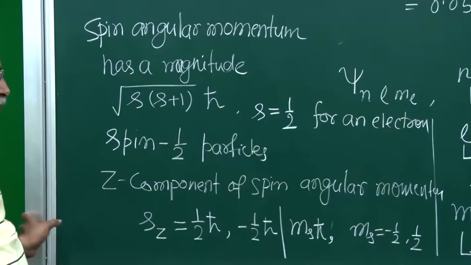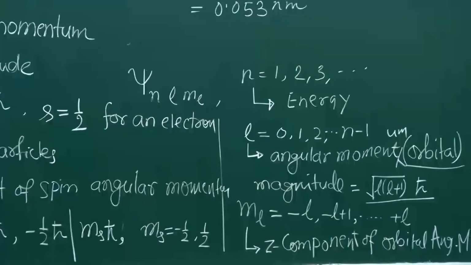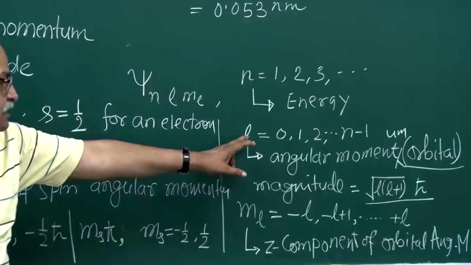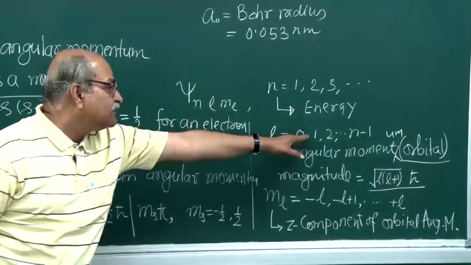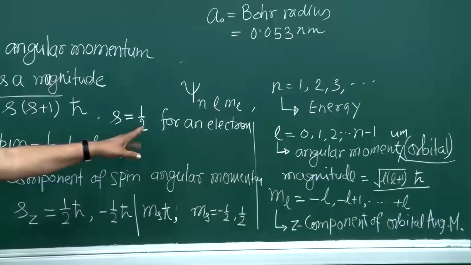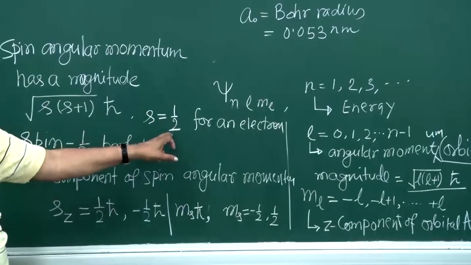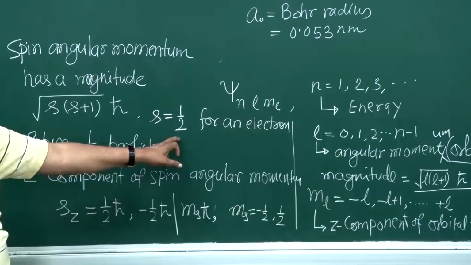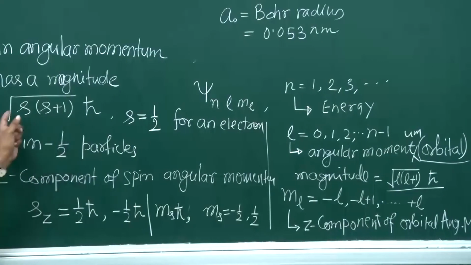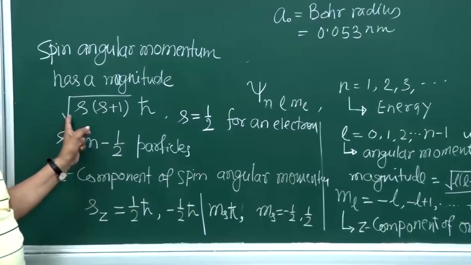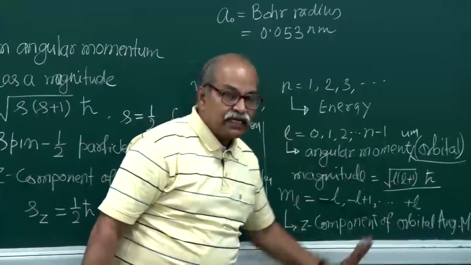Okay. So it's almost a similar structure: orbital angular momentum, spin angular momentum. For orbital angular momentum, the magnitude is given by this number L, which can take different integral values, but for spin angular momentum, this is given by S, and S has a fixed value 1 by 2. And then the magnitude has the same mathematical formulation, square root of S into S plus 1 times h cross, here square root of L into L plus 1 times h cross.